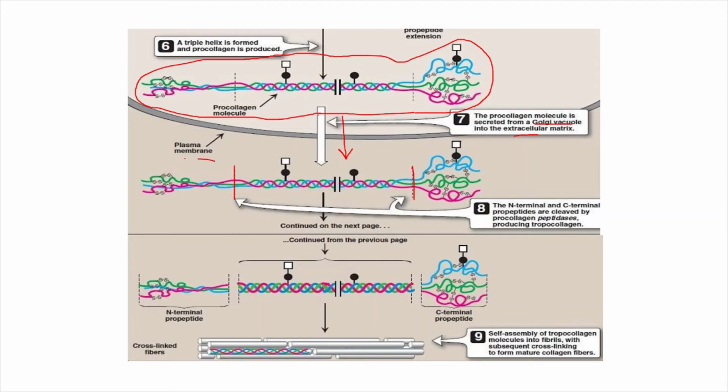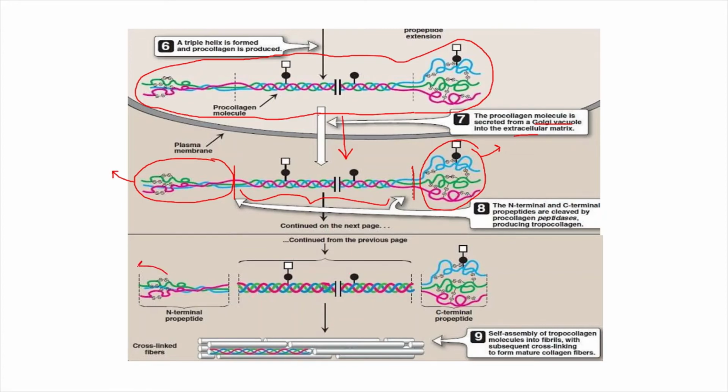So the left hand part of this procollagen will be cleaved and removed. The right hand part will be cleaved and removed. Alright, and the middle portion that will be left, this is the part which will be called the tropocollagen. So here, as you can see, after cleavage, these two portions will be discarded.